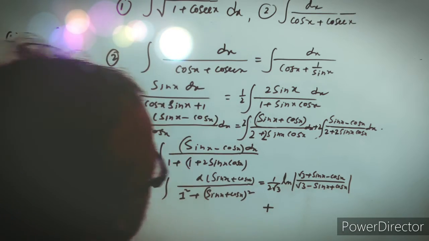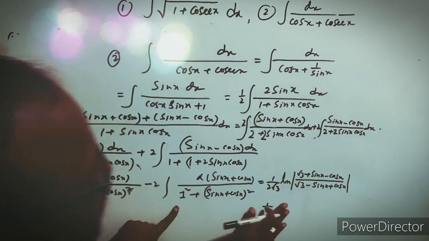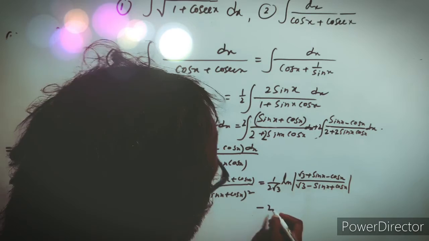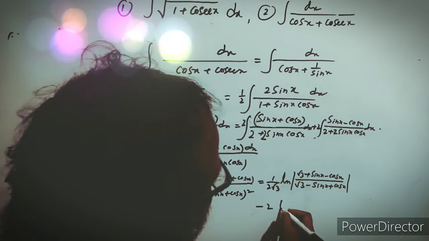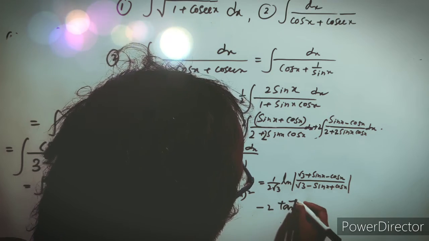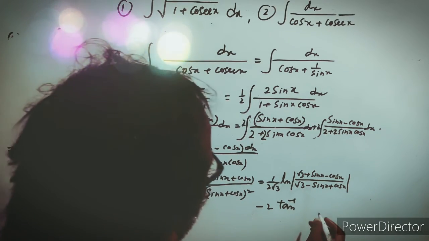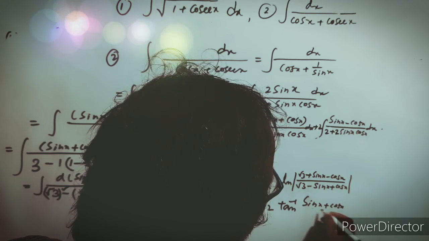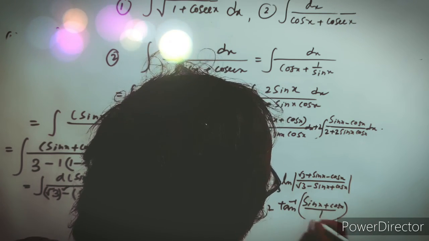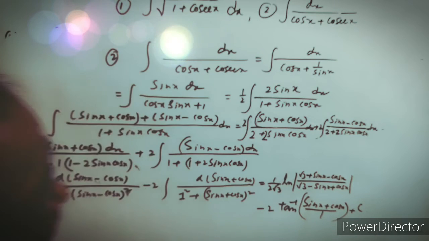Again from the other part, minus 2 times tan inverse of 1 by a, where a means 1, of sin x plus cos x by 1 actually, plus C. This is your answer.